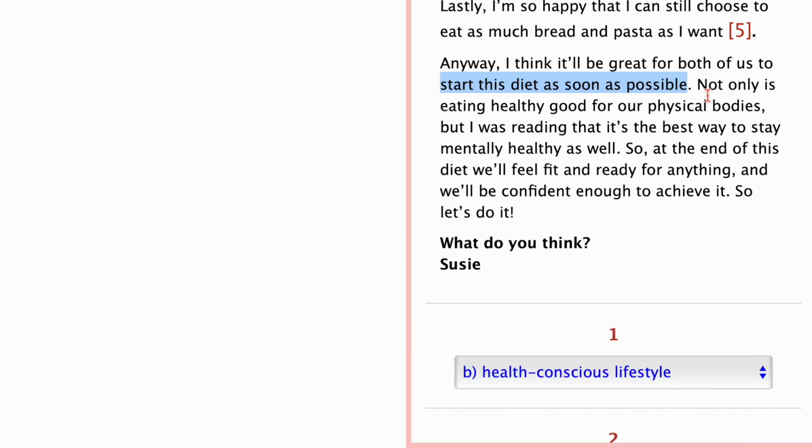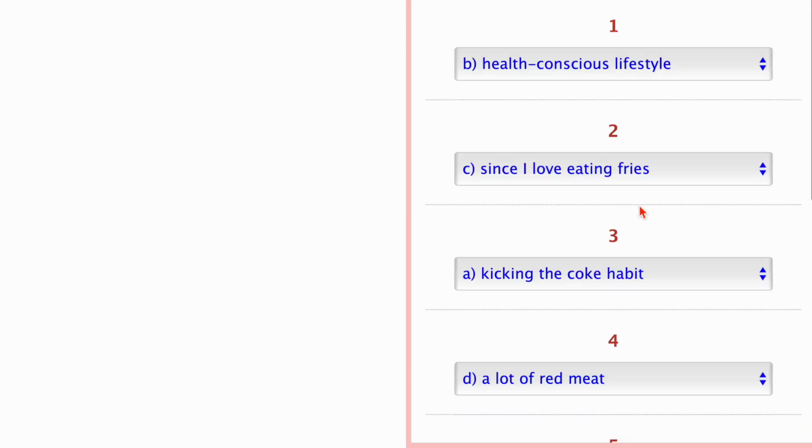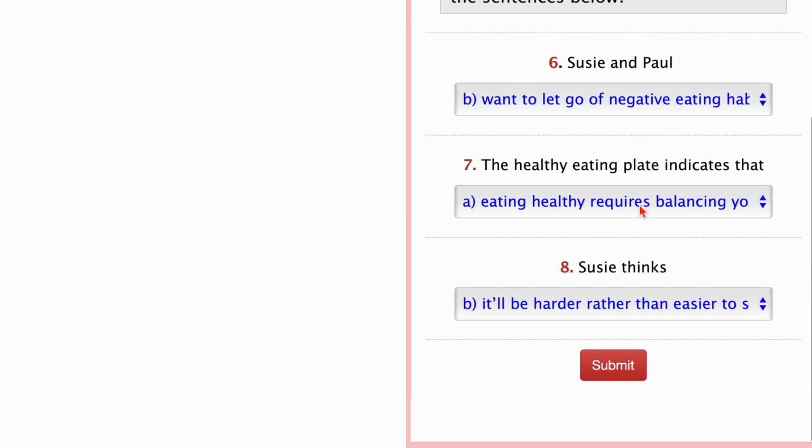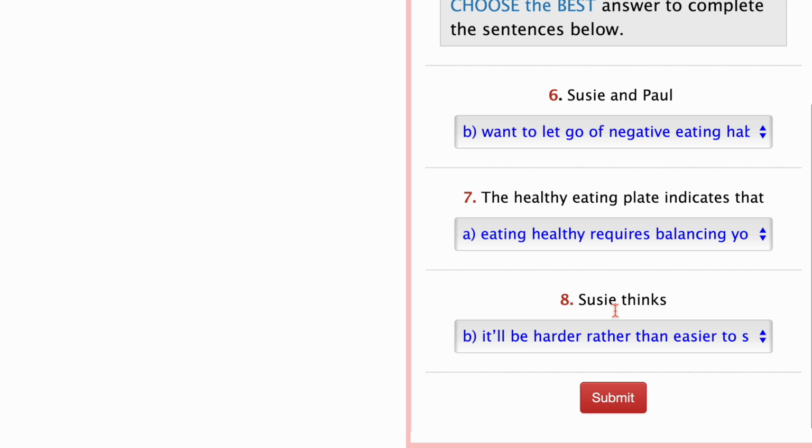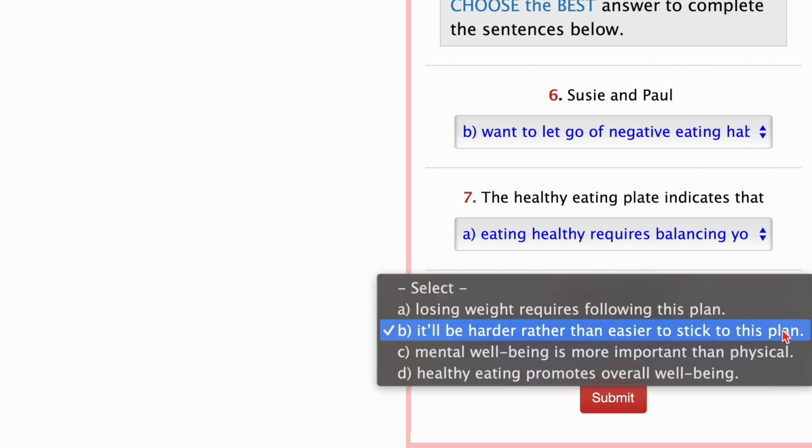And I think the key is right here. Not only is eating healthy good for our physical bodies, but I was reading that it's the best way to stay mentally healthy as well. So it's good for our health. Okay, so also it's not C. Mental well being is more important than physical.